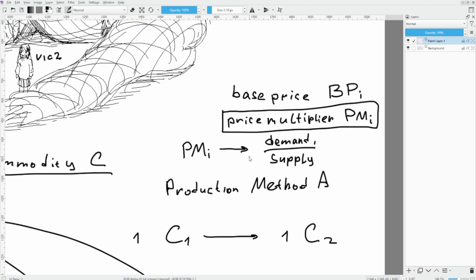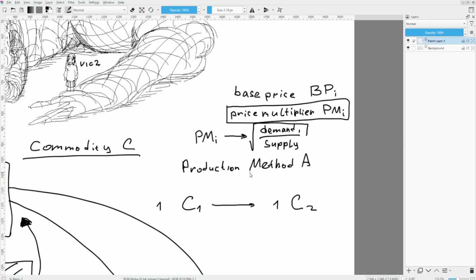Well, and maybe there could be something like a square root or some other function. It doesn't really matter exactly, because this would be the issue: setting the price multiplier to some arbitrary ratio between demand and supply, which contradicts the supply-demand model itself.